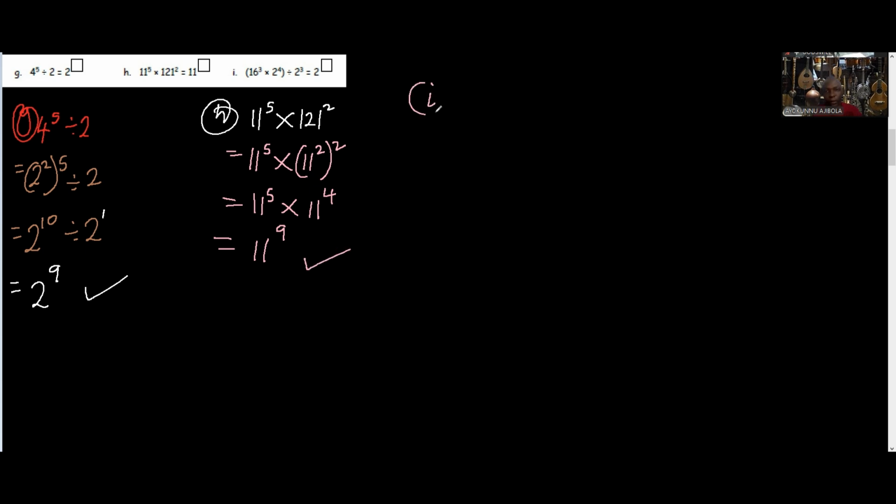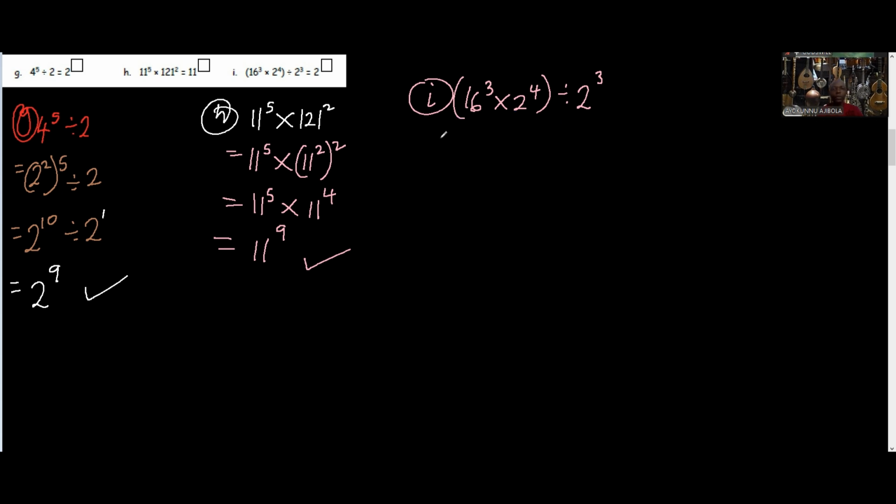Then the next one, question I. We have 16 raised to power 3 times 2 raised to power 4, then divided by 2 raised to power 3 should give us a 2 as our answer according to them. So that means all of them must appear to be 2. Please take note of this. This is 16, this is 2, and this is 2. We want to change all of them to become 2.